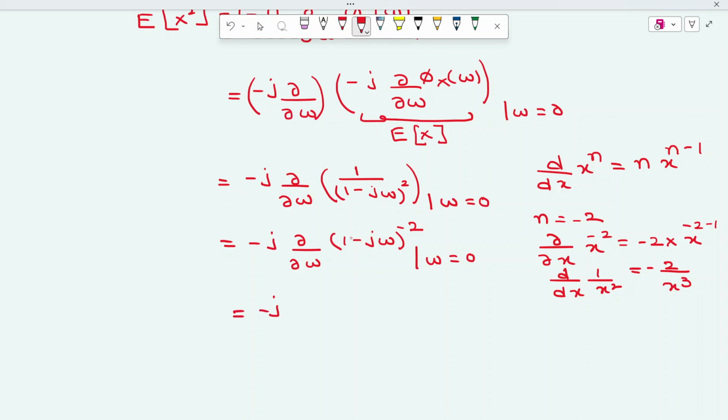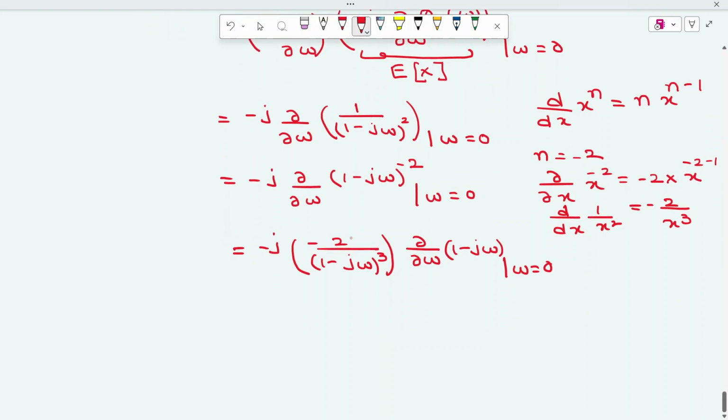We will use this result here. So minus j into this will be minus 2 by (1 minus j omega) whole cube into dou by dou omega of (1 minus j omega). This is not simply x, this is having something, so again we have to differentiate with respect to omega.